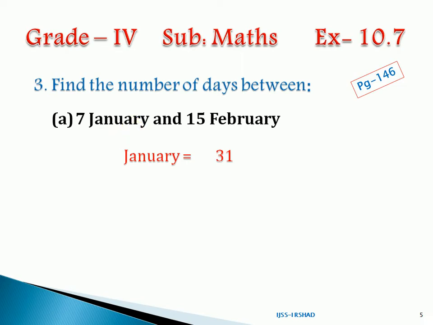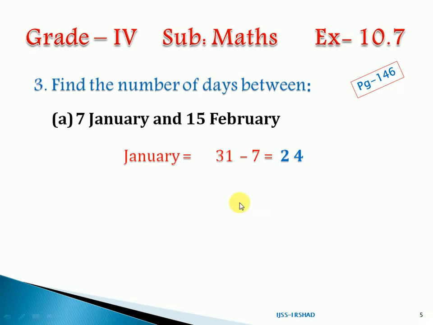So subtract 7 from 31 like this. 31 minus 7 is equal to, so how much do you get after subtracting 7 from 31? You will get 24. So you are getting 24 days in the month of January.